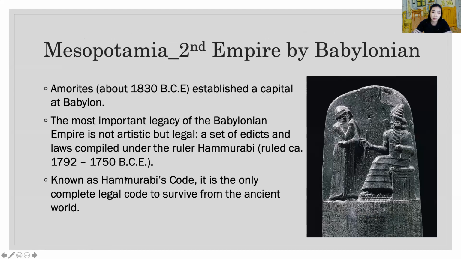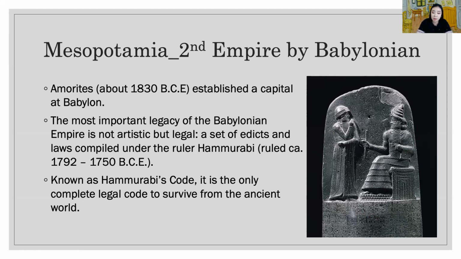Let's see the second empire, by the Babylonians. The Amorites consolidated their rule over the region and established a capital at Babylon. The most important legacy of the Babylonian Empire is not artistic, but legal: a set of ethics and laws compiled under the ruler Hammurabi.